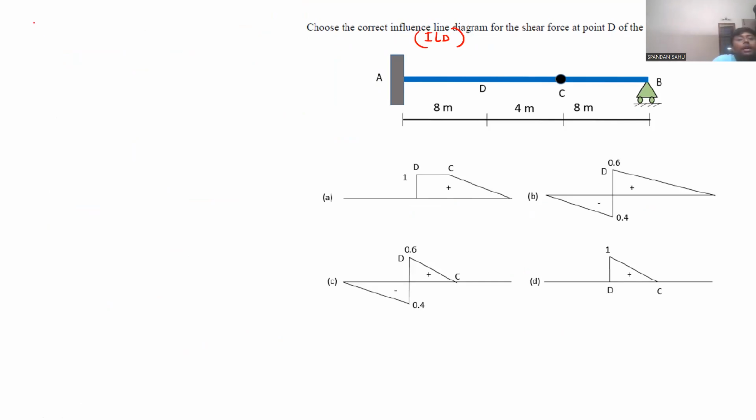So first, let us do it with equations of equilibrium and let us check if the answer is matching with Muller-Breslau principle or not. It is not case 1, but we can do it by equations of equilibrium.